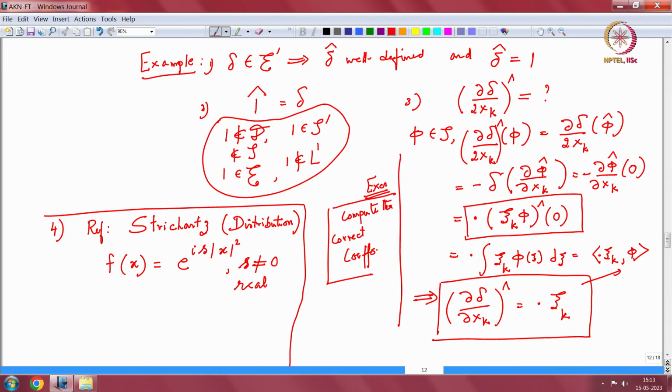Here I want to remark that this is not integrable. So, you do not have the Fourier transform from that point of view, because e power i s mod x square is not an integrable function, since its modulus is 1, but it is a bounded continuous function.